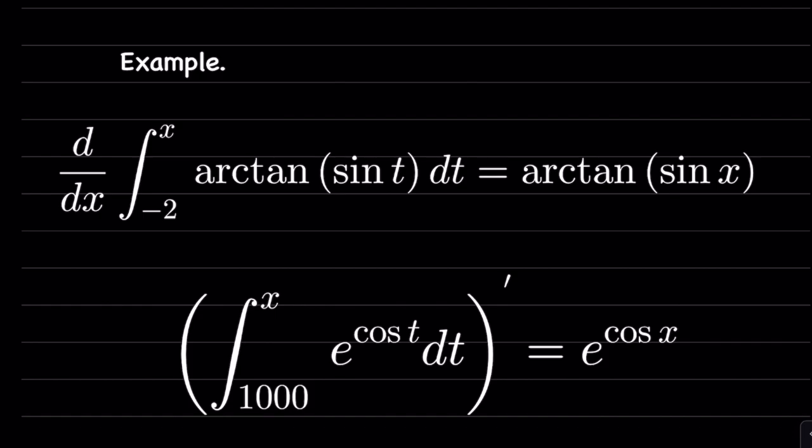Suppose I want to differentiate this function. Again, you see it doesn't matter what lower bound you have. If you want to get the derivative of this function, all you need to do is substitute t by x. So you get e to the cosine of x.